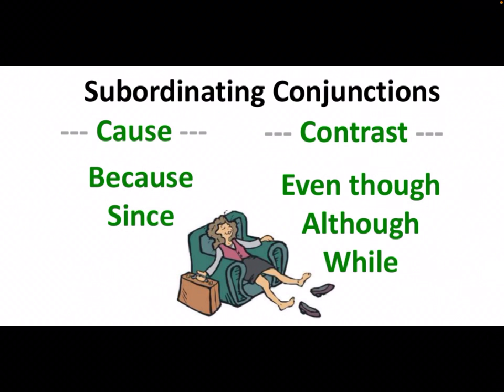Like what we see in front of us, we have cause and contrast. So when we are talking about a cause in our sentence, we use because or since. When we want to contrast two things, we use even though, although, and while.